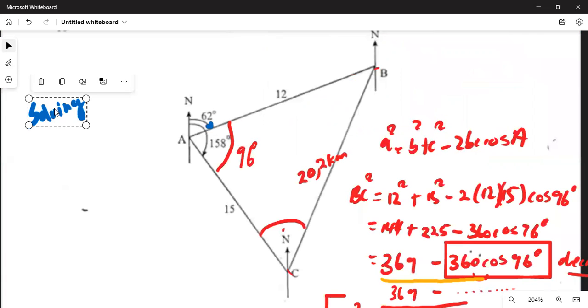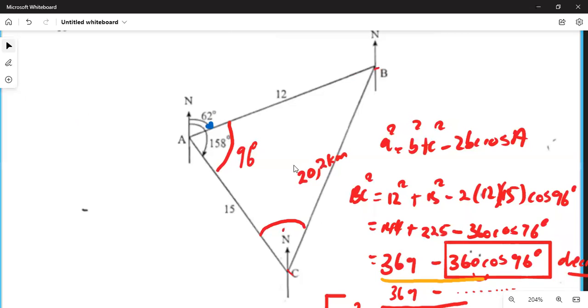What can we use? We can actually use the cosine rule. It's fine because it depends on how you use it. Actually here, both cos and even sine, because as you can see, 96 is in the opposite side and then the angle we want is in the opposite side.